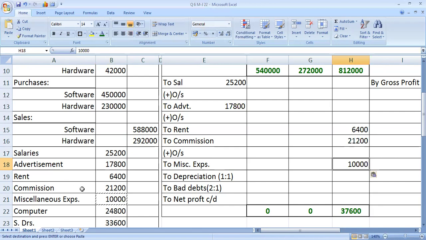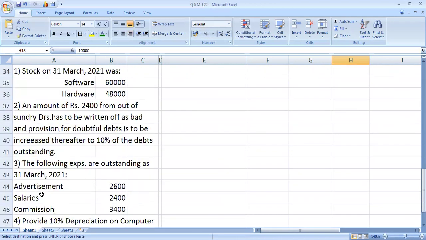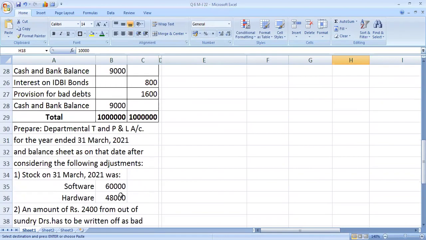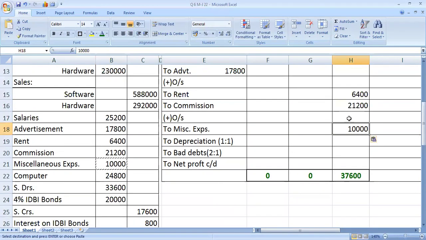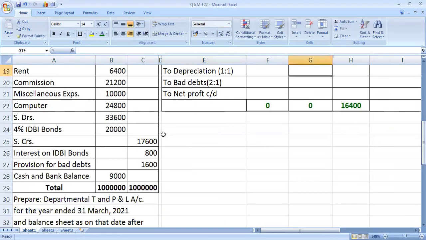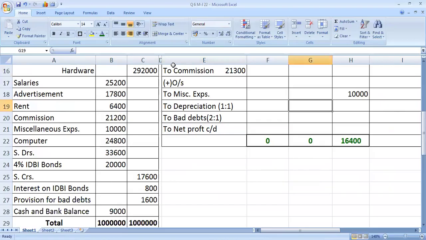Sorry, in commission there is an adjustment, adjustment number three, outstanding commission 3,400. Hence, commission 21,200 is in the inner column.